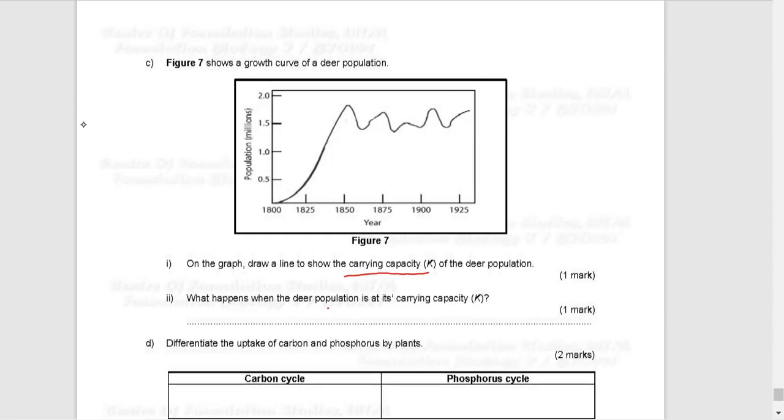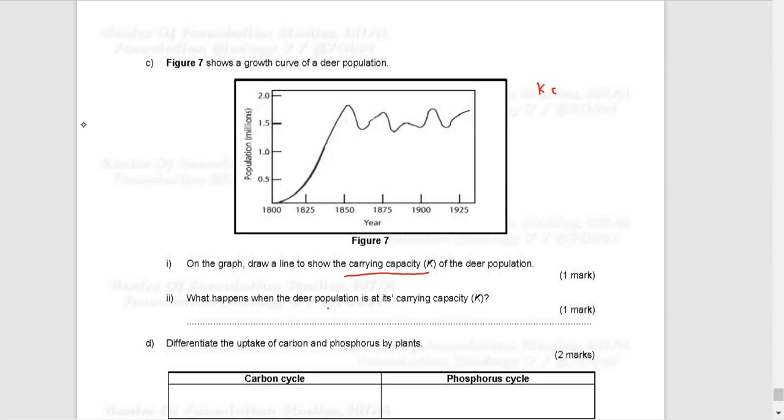Okay, so first of all, you have to understand what carrying capacity is. Carrying capacity, or K, is the maximum number of individuals the environment can support over time. As the population approaches its carrying capacity, the growth rate slows because of limiting resources.